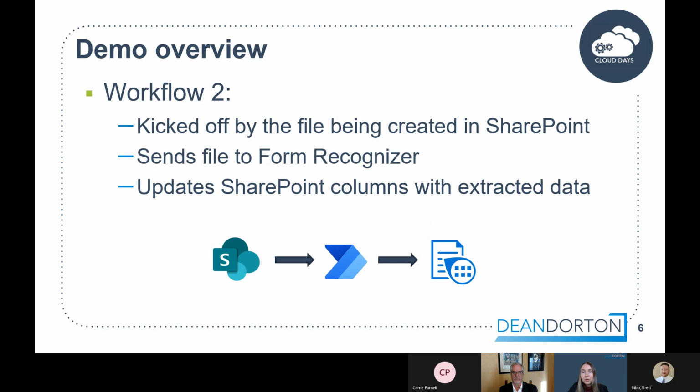And then next in the workflow, Forms Recognizer will return that data that we designated back to us, and then we can use that data to update the columns for our invoice PDF file in SharePoint. So now after this process is completed, we don't have to keep opening the invoice file anytime we want to reference the necessary pieces of information that we'll need to process the invoice.